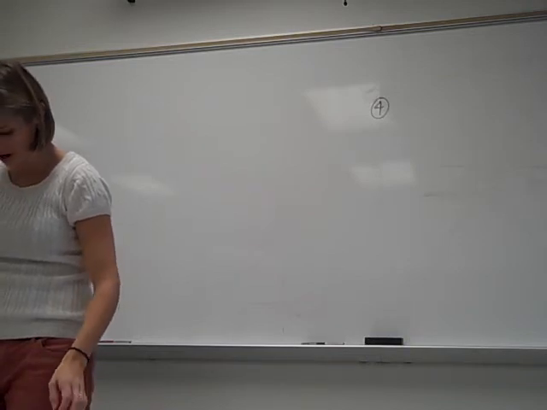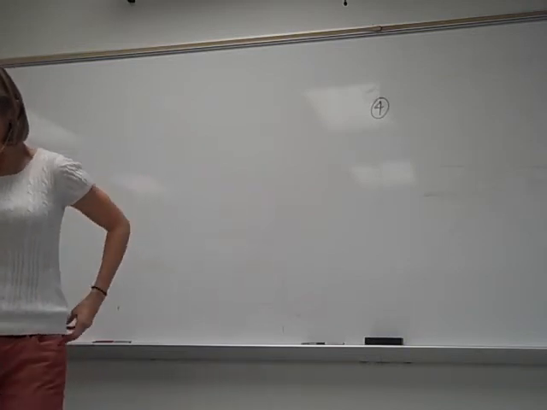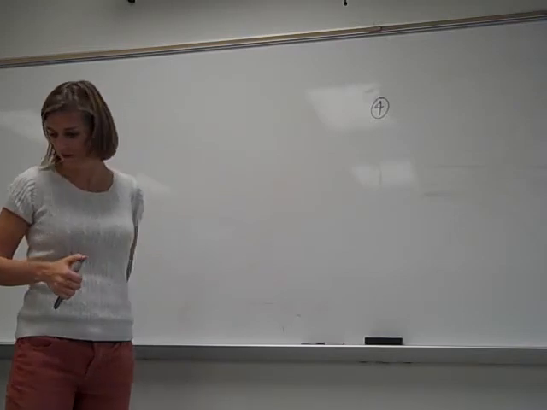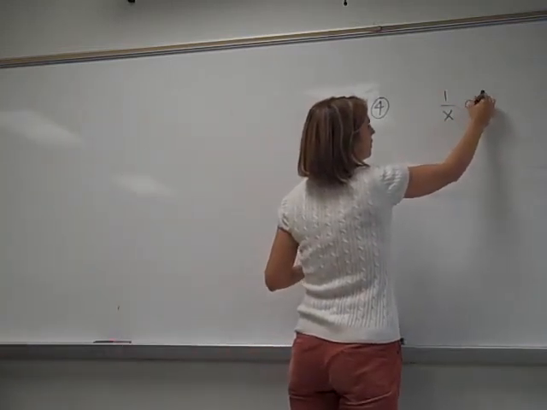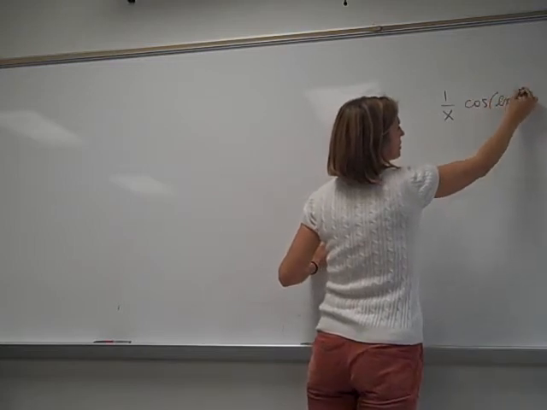So, like 3 and 4 are actually pretty important with the ln problem. So let me look at 4 first. 1 over x. Cosine of ln. Yeah, 3 was kind of weird.